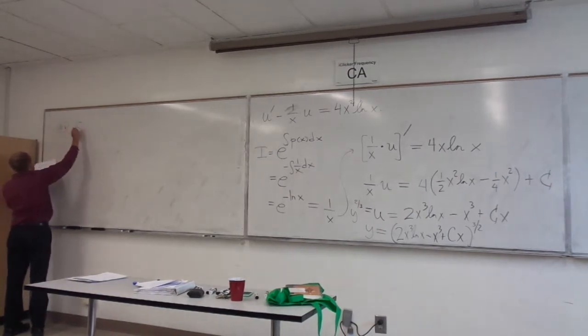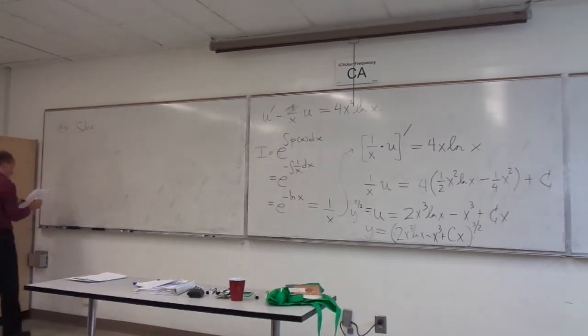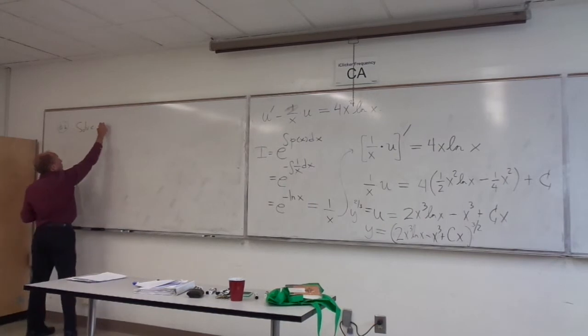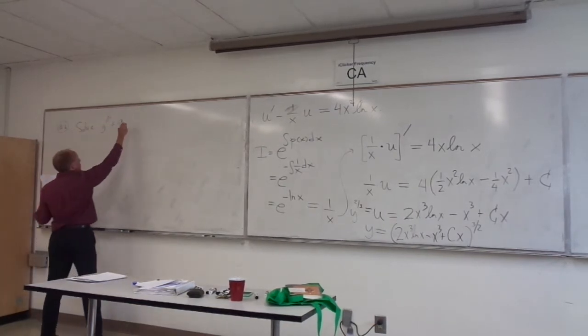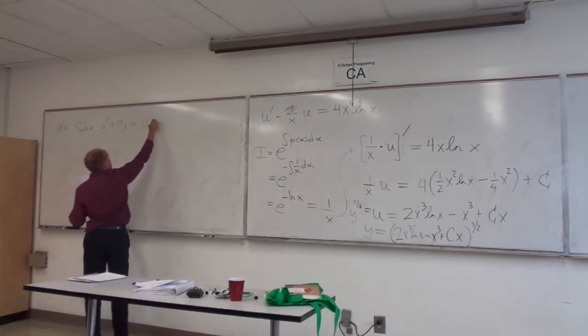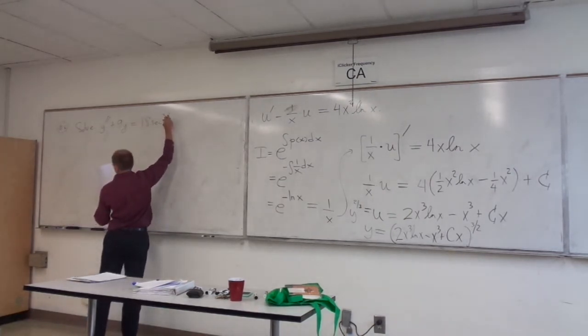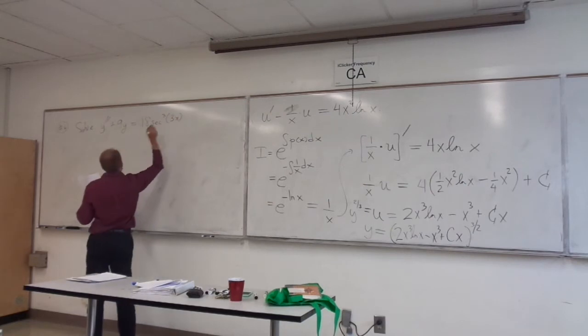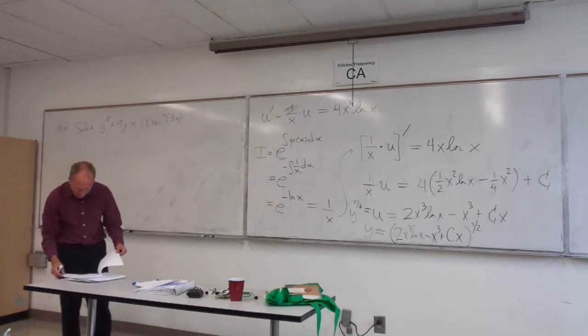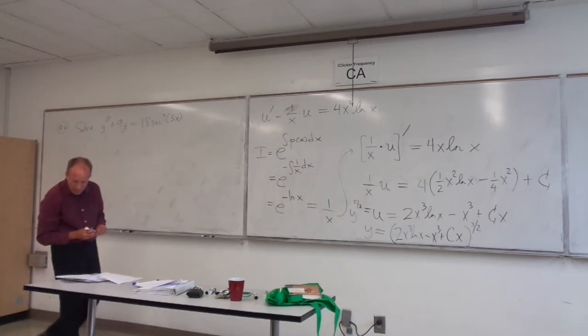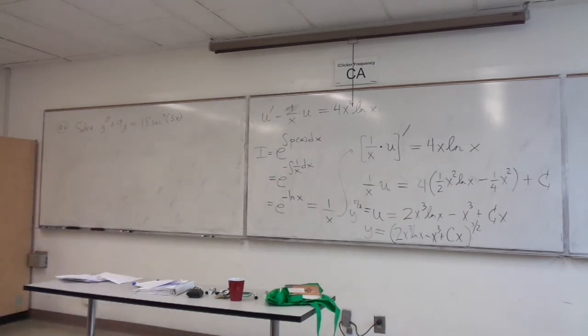Number 6, let's solve y double prime plus 9y equals 18 times secant cubed of 3x. Okay? Give this a try. So when you look at that, what thoughts do you have?